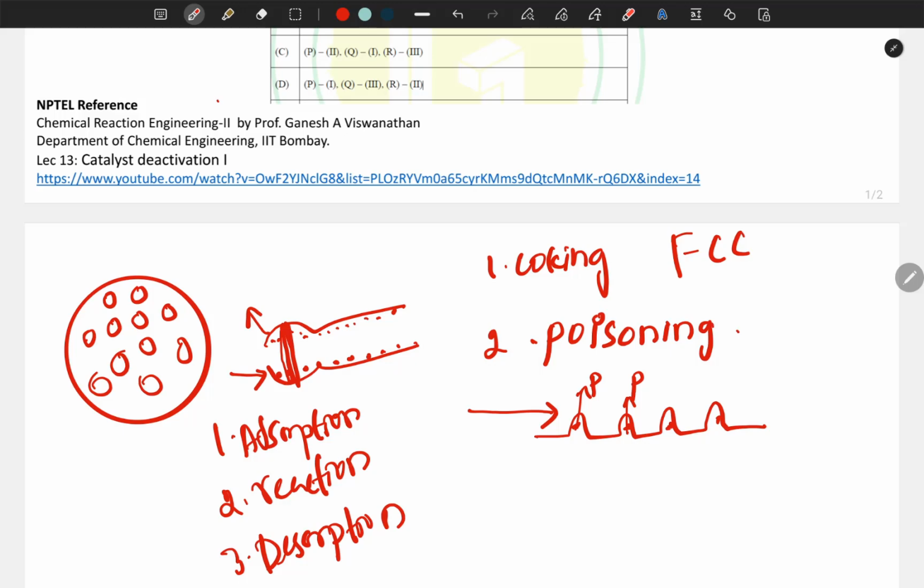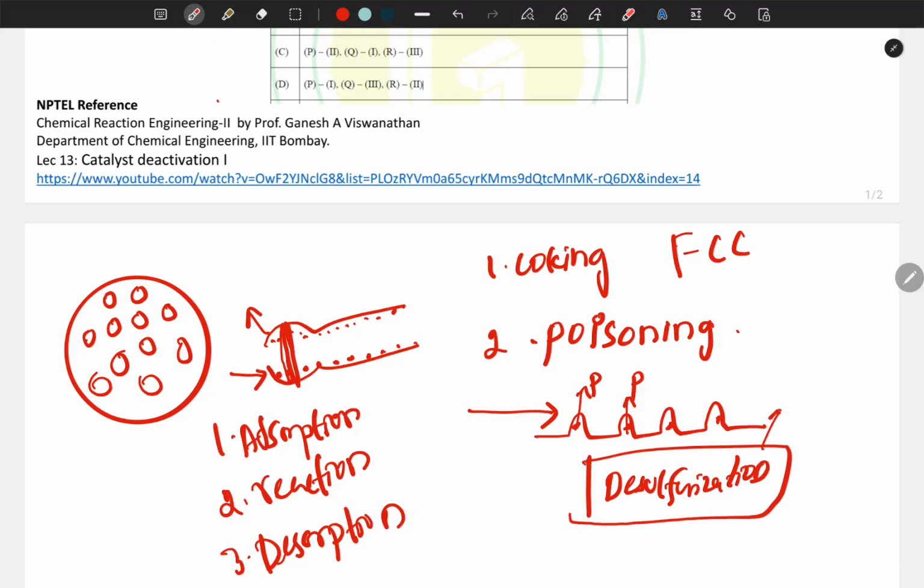For example, in the petroleum or petrochemical industry, we often notice a unit called desulfurization, which removes the sulfur. Predominantly this process is used to safeguard the activity of the catalyst. For example, in the Haber process where we produce ammonia, the natural gas will first be treated in the desulfurization unit in order to safeguard your iron catalyst.